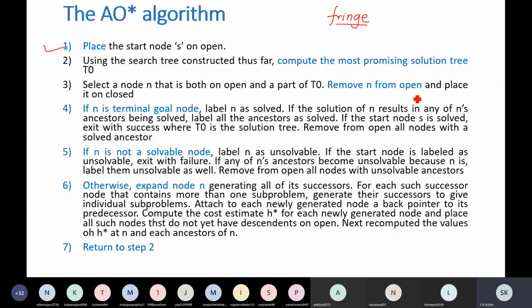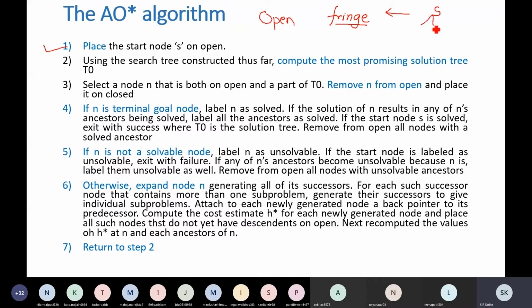Consider this case. For example, you are at the starting node S. It is not a goal. So S will be on the fringe, the open list. S is generated, but it is not explored completely. So initially S will be on the open list. Now S is not a goal, so you are going to explore it by applying successor functions.